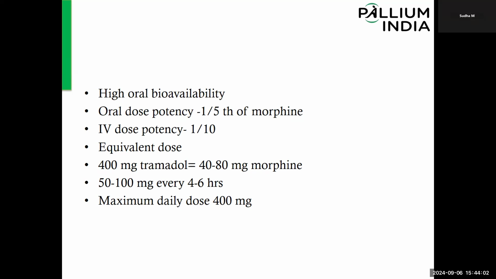One more common side effect is also there with tramadol. The most common and important one is vomiting. Somebody says constipation. Yes, very good, constipation. So before you prescribe tramadol, your prescription should have an antiemetic and also a laxative.